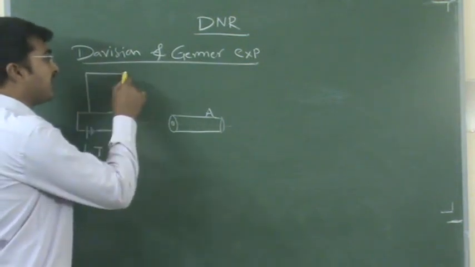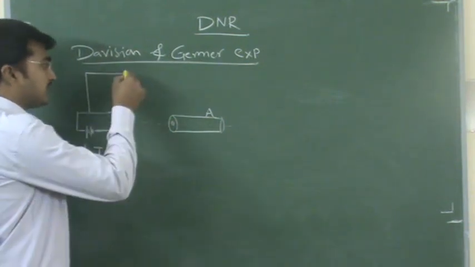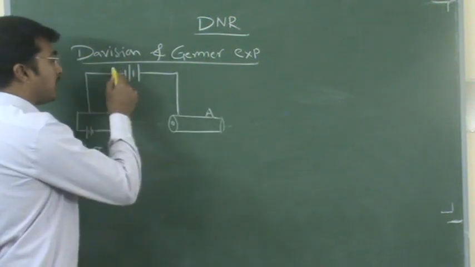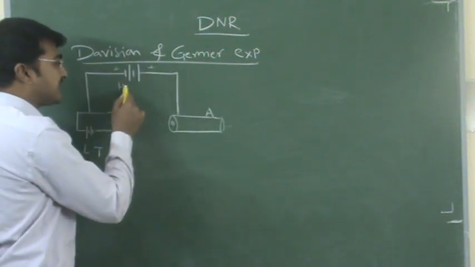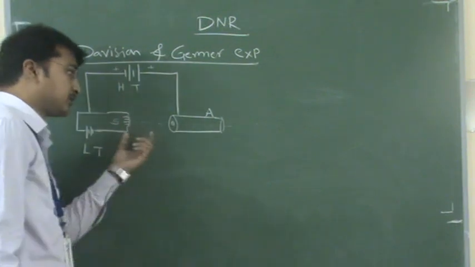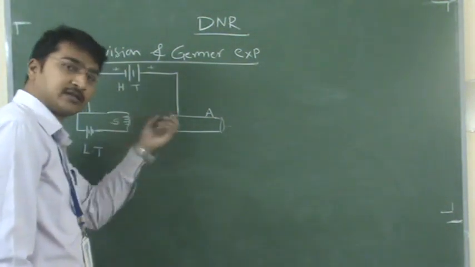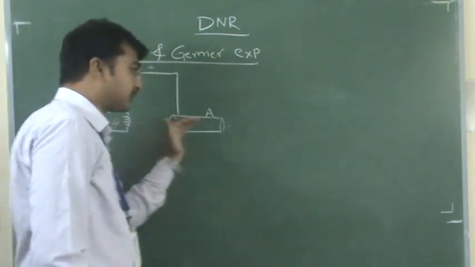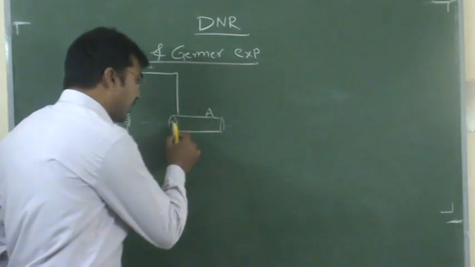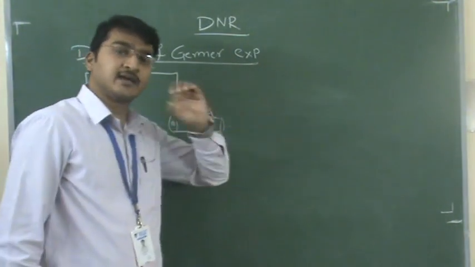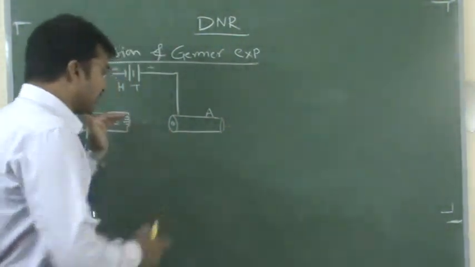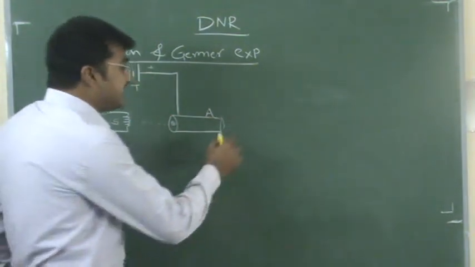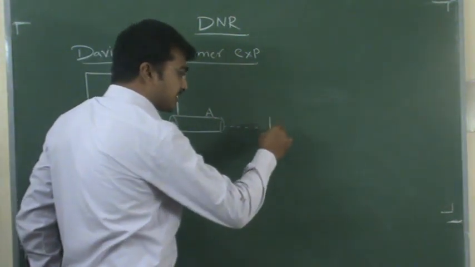By connecting a high tension: the cathode is connected to negative and the anode to positive. This high tension is applied between the cathode, the source of ejected electrons, and the anode. Due to this, electrons are ejected and move towards the anode. But the anode is not a plate; it is like a cylindrical tube. So the electrons pass through this anode and are incident on one target.